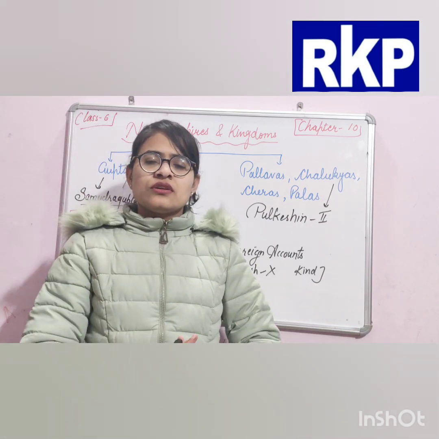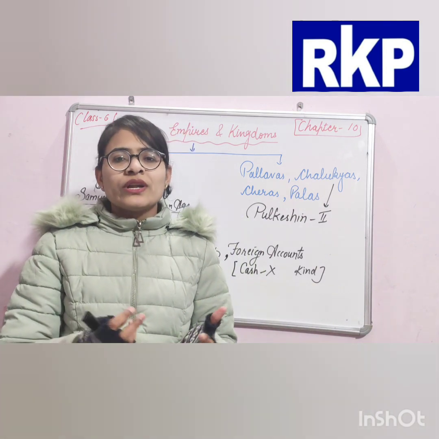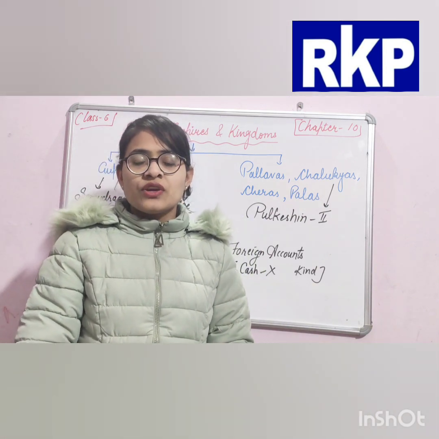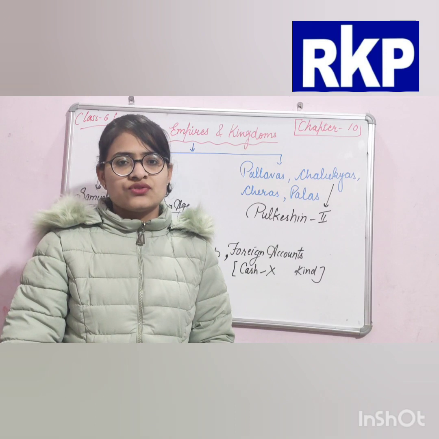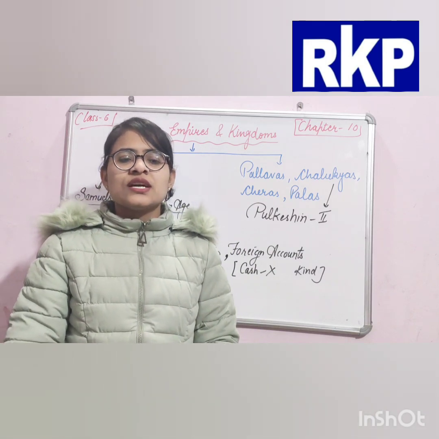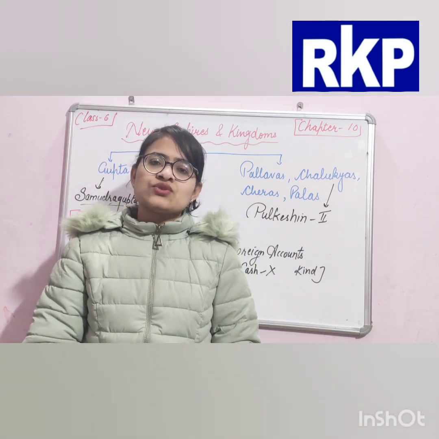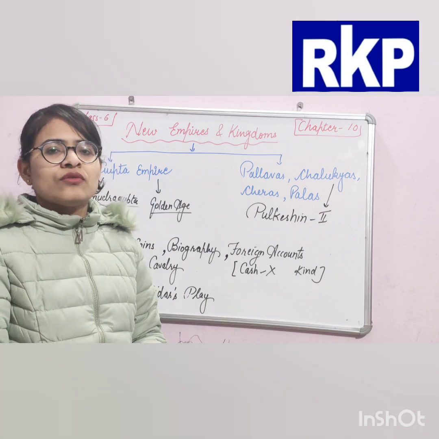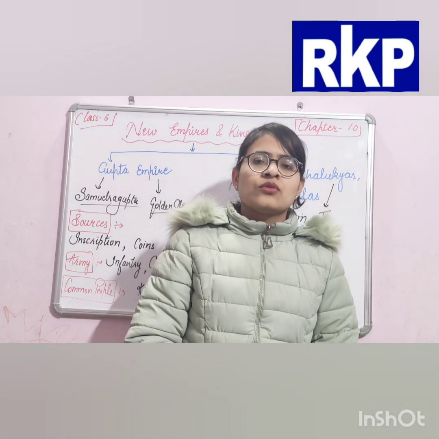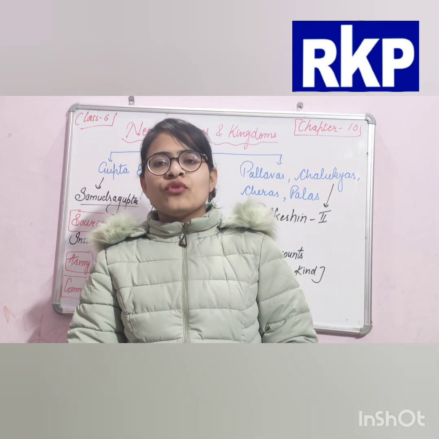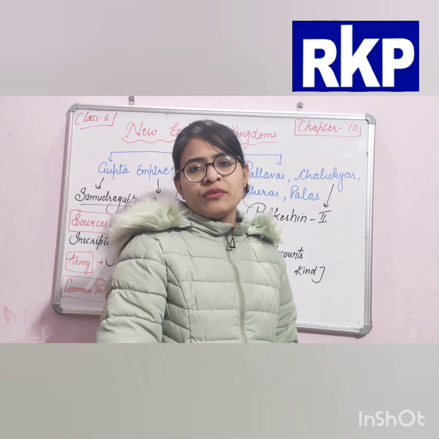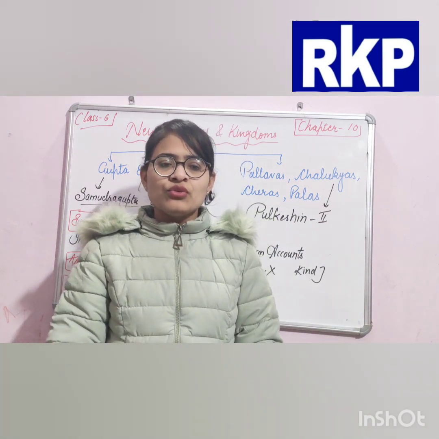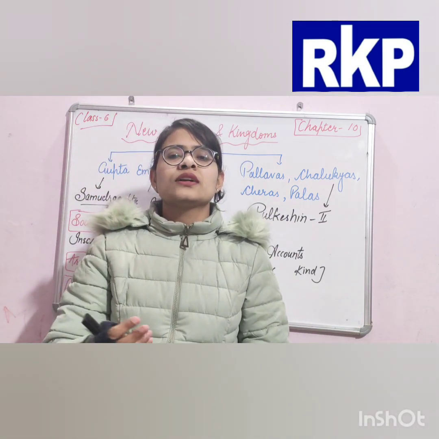Next question is, what are the sources by which we come to know about our history? So these are the three questions. And the last one is, what is the type of army which was established by the king? Write about the army which was established by the ruler at that time.